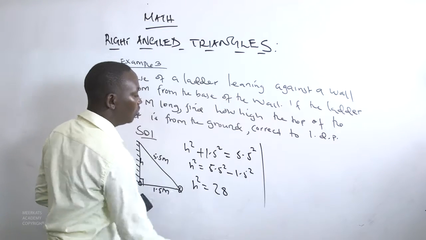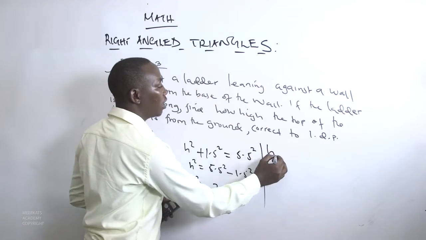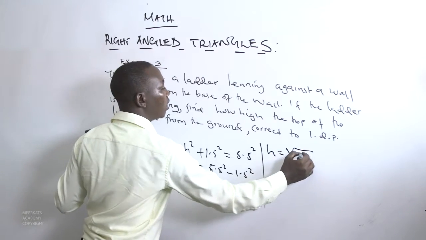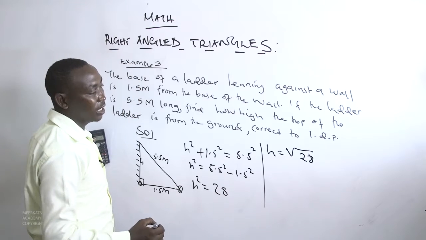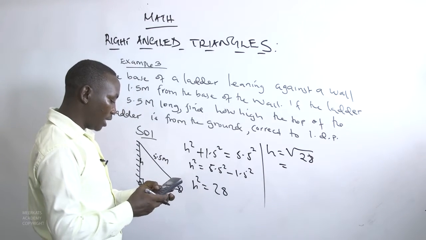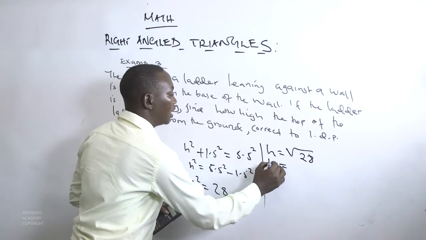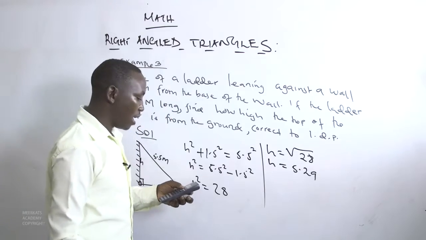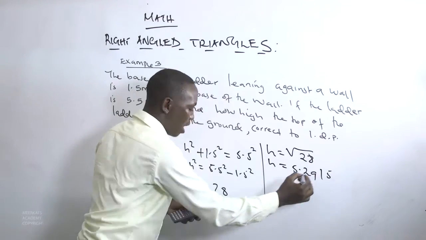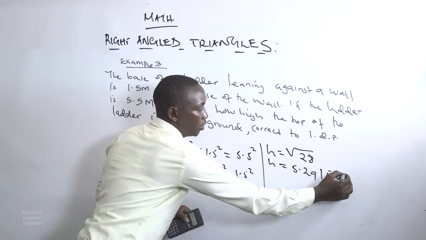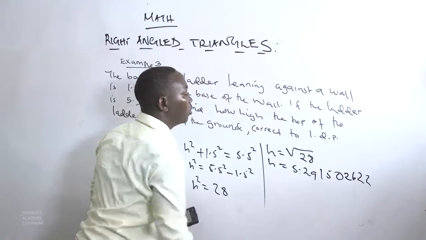So this means that our height will be the square root of the right hand side, which is the square root of 28. When you get the square root of 28, you will get that h is equal to 5.2915022622.